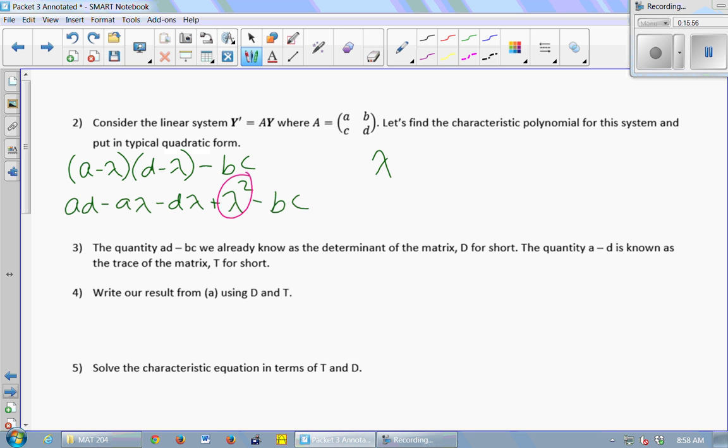And then my lambda terms, I have minus A lambda and minus D lambda, so I have minus (A plus D) lambda. And finally, my constant terms are AD minus BC.